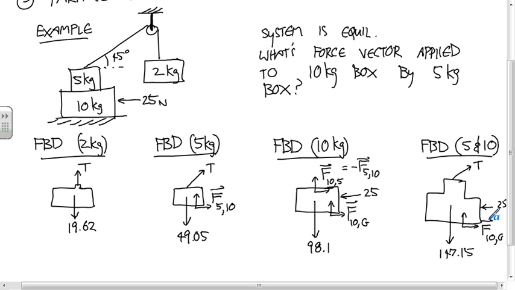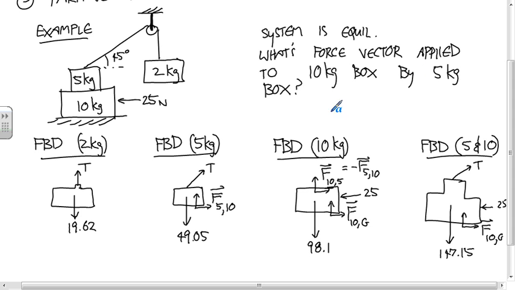Okay, so which of these are going to help us? There's probably several ways to go, but the fastest way is to use Newton's second law for the 2 kilogram box to figure out the tension, and then use that tension in Newton's second law for the 5 kilogram box to find the force on 5 by 10.